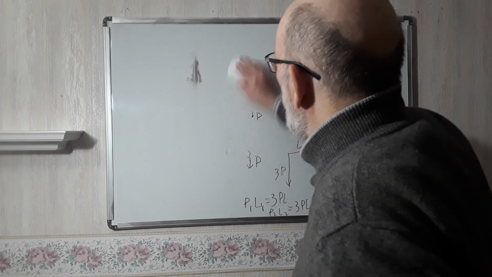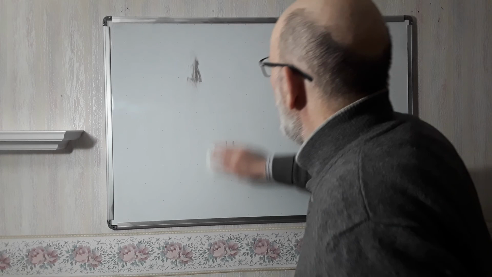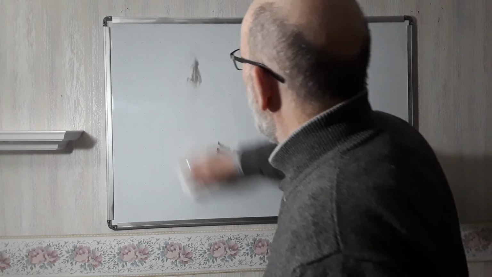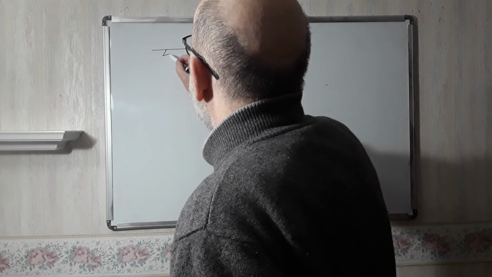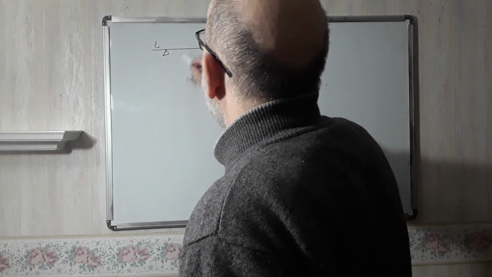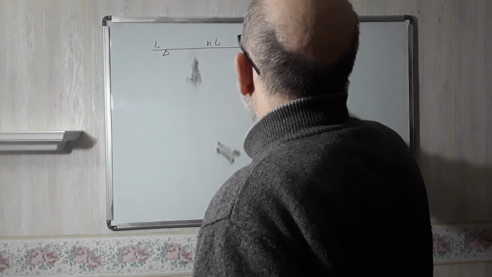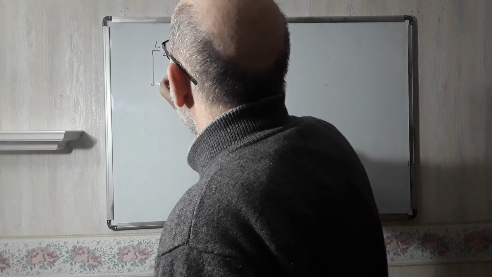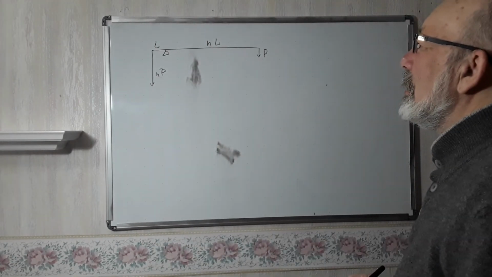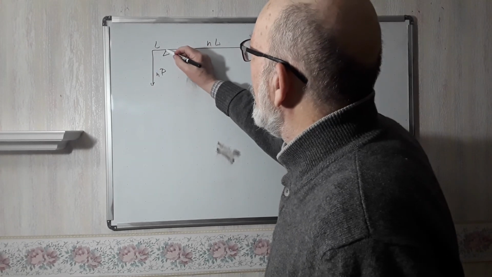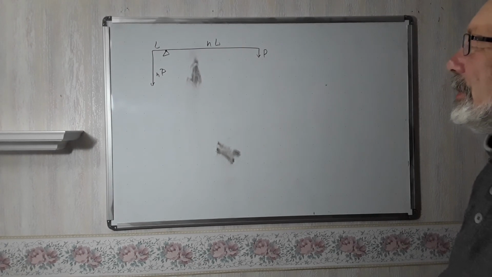And this way we prove the following general situation: if it is L, it is NL, it is P, it is NP, then this system is at equilibrium.